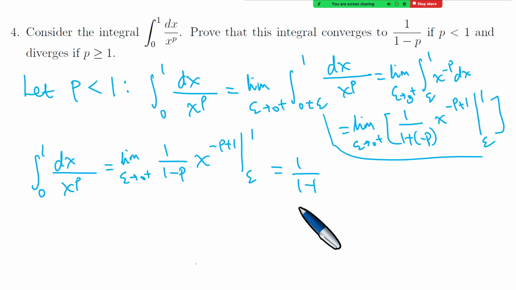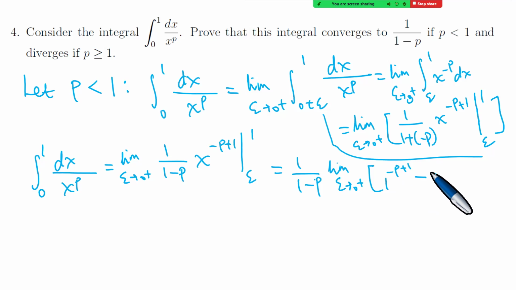The 1 minus p, you can take it out because it's a constant.